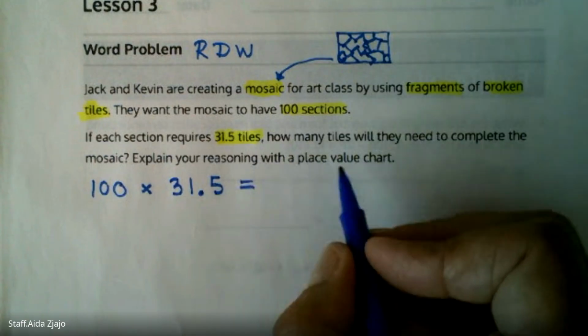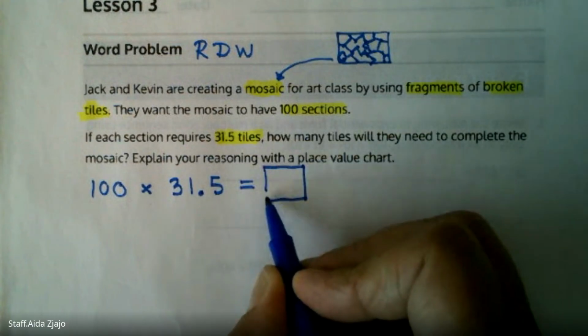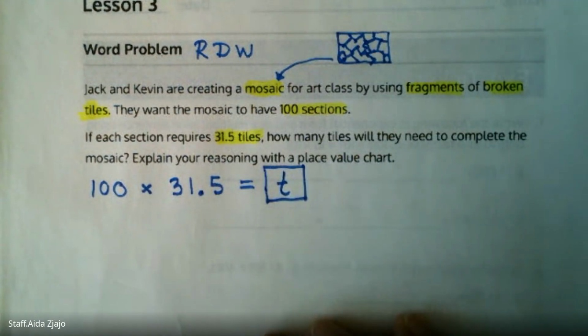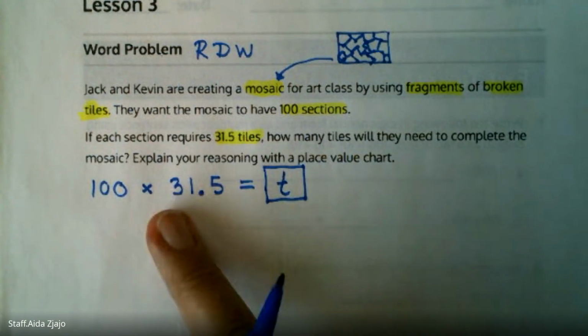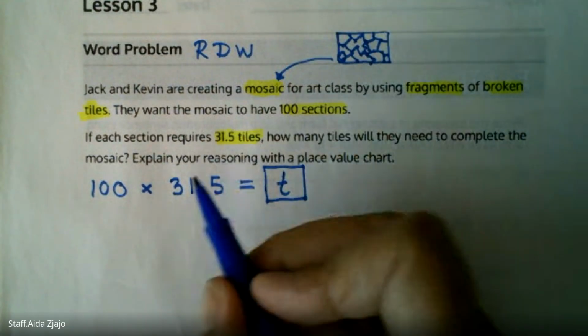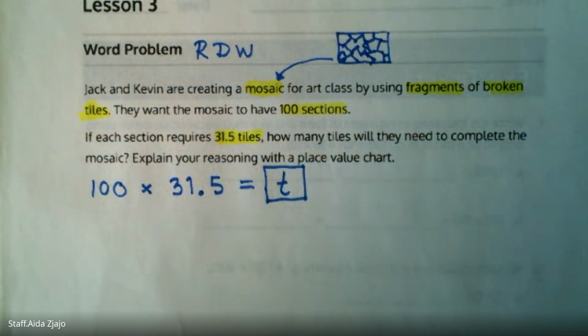And then we need to find out how many tiles they will need. So I'm going to use T for tiles. And then we need to multiply 100 times 31.5, or 31.5 times 100. The commutative property works.